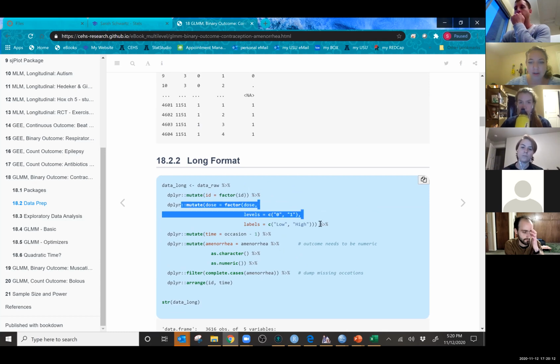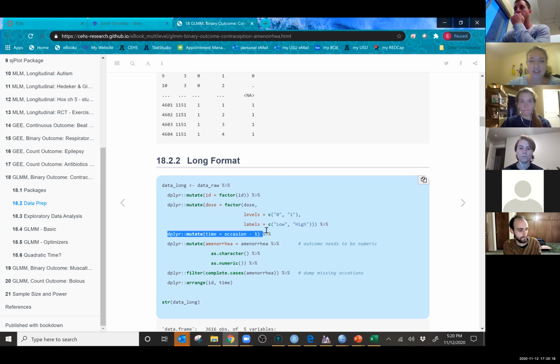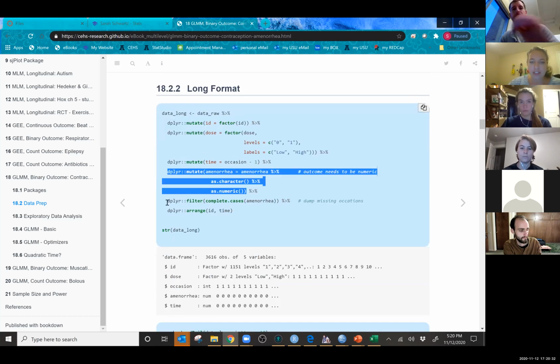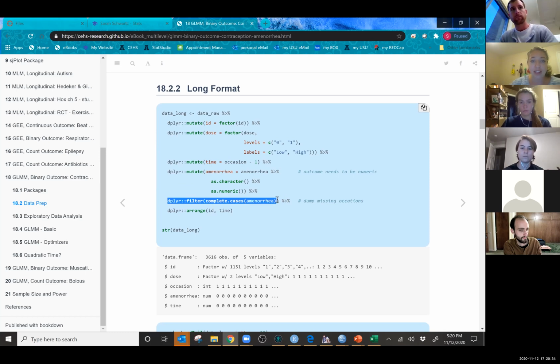For the dose variable, instead of 0 and 1, I labeled them low and high. On the occasion, I subtracted 1, so instead of going 1, 2, 3, 4, it starts with 0, 1, 2, 3. And then the amenorrhea, I made it a numeric value. And I only wanted to keep complete lines, only the follow-up data where the woman actually came back.